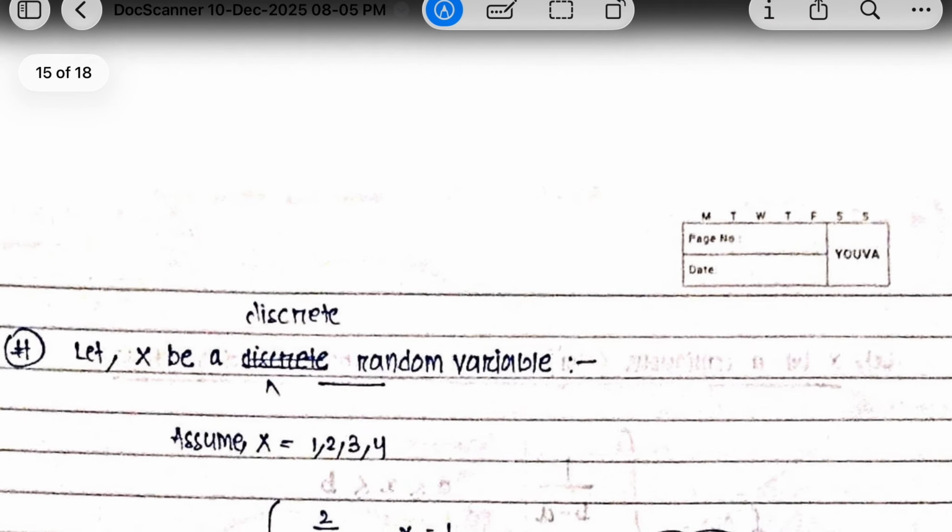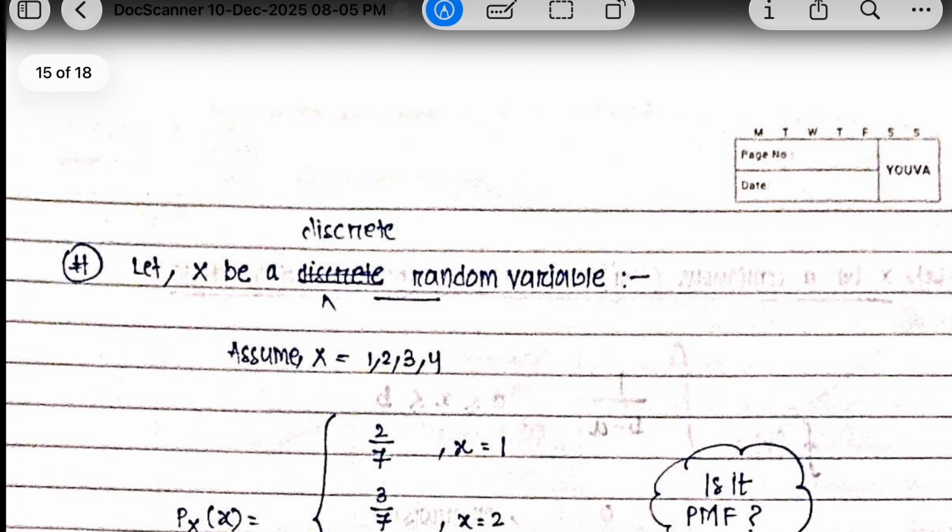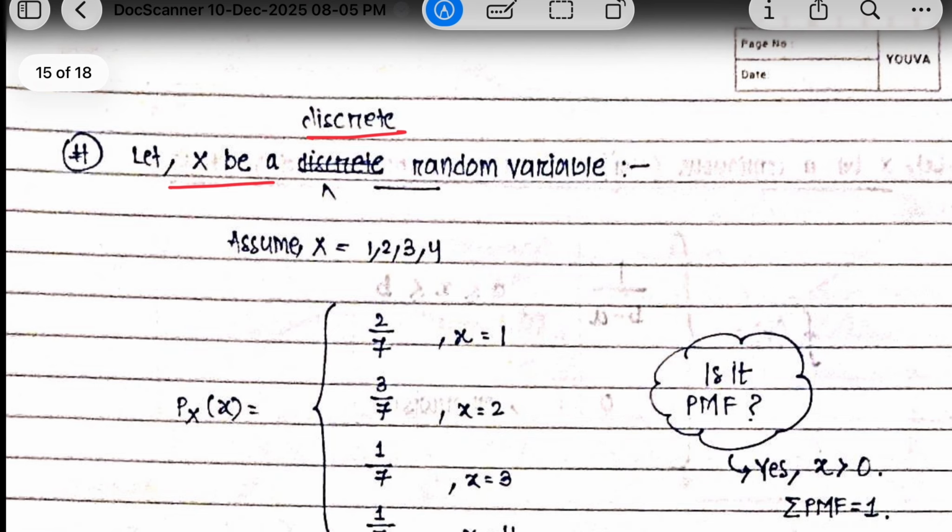Taking an example of the integration too, we will be discussing that also. So let us choose a discrete random variable with values 1, 2, 3, 4.